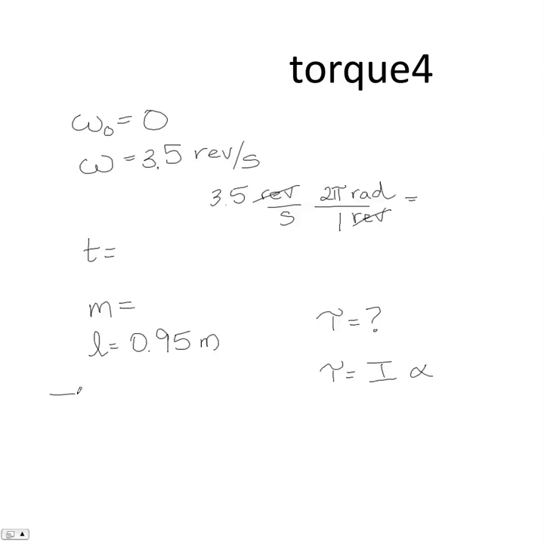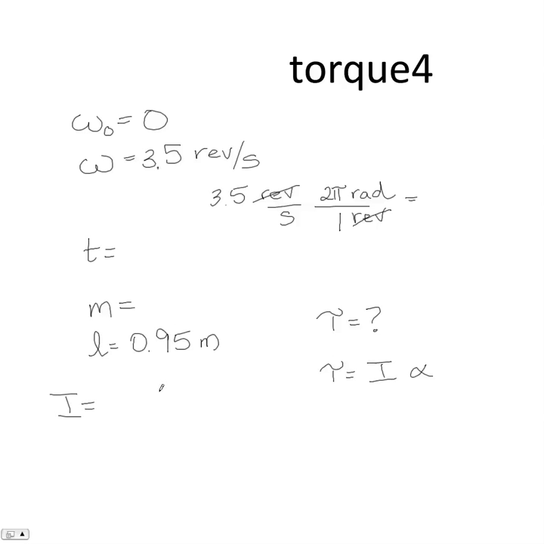To find I, we look at the list of equations for something that applies to the shape that we're using. And so it says that it's a uniform rod. And on the list of uniform rods, there are 2 possibilities. One of them is the rod being rotated around its center, and the other one is a rod being rotated around its end. So you have to think about how a softball bat is used.